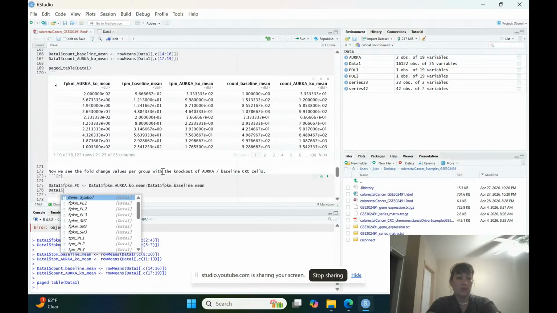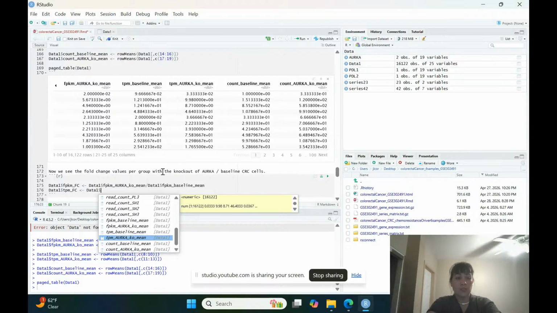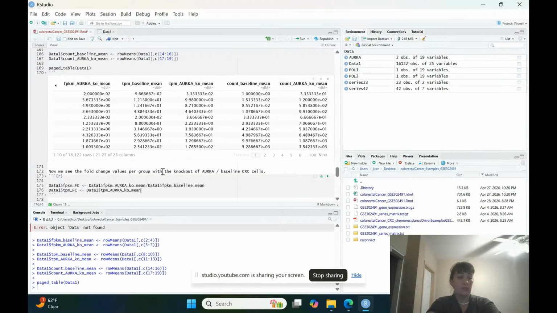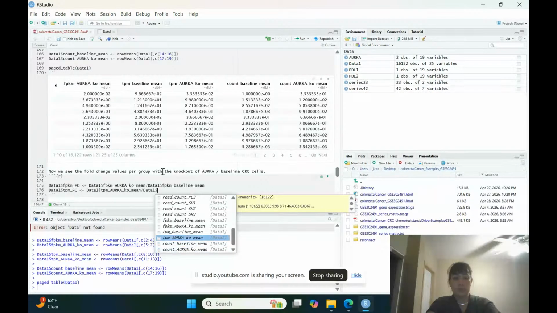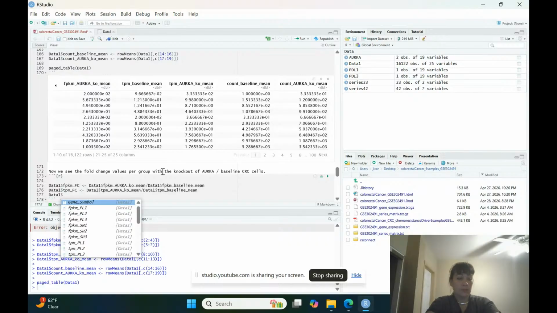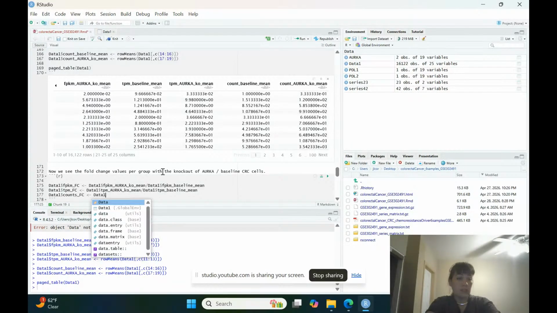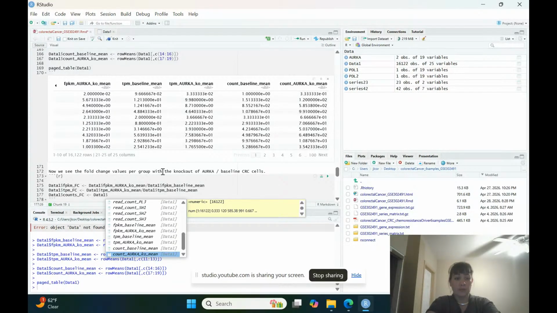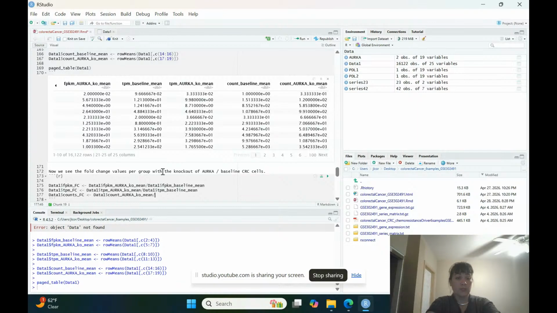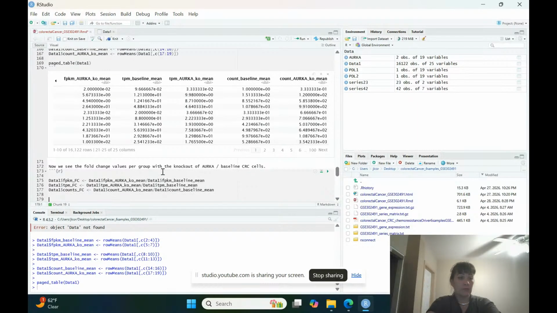And then data 1 by TPM FC: data 1 by TPM ARCA KO mean divided by data 1 by TPM baseline mean, and then data 1 by counts FC: data 1 by count ARCA KO mean divided by data 1 by count baseline mean.